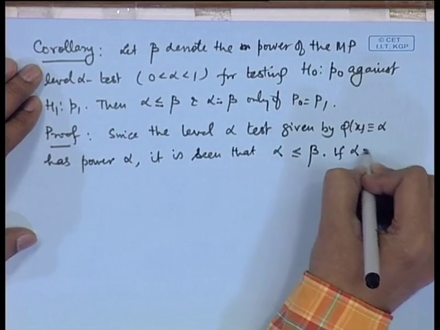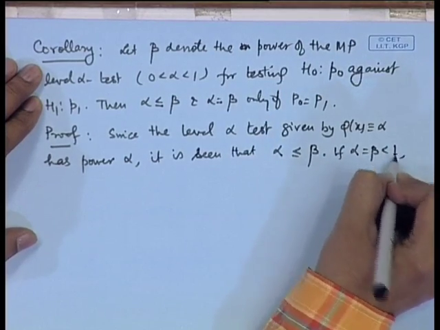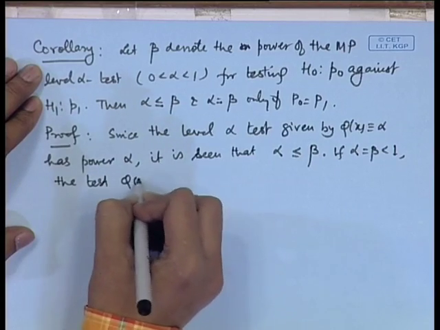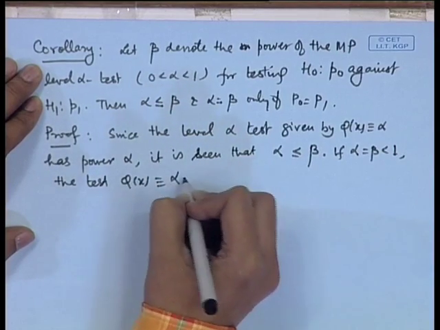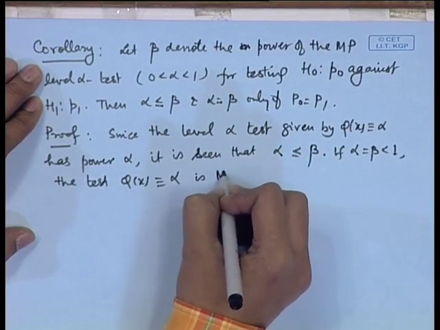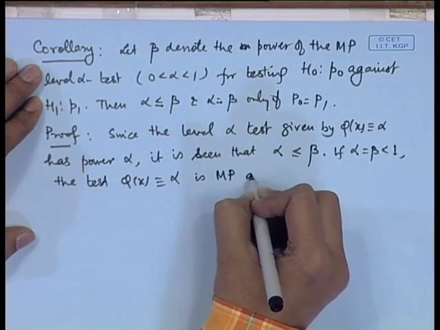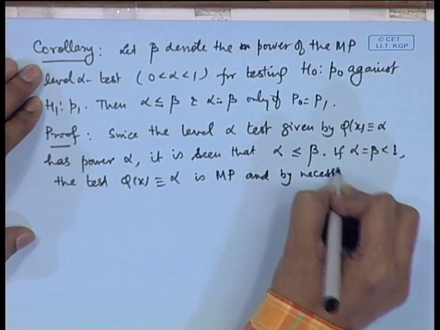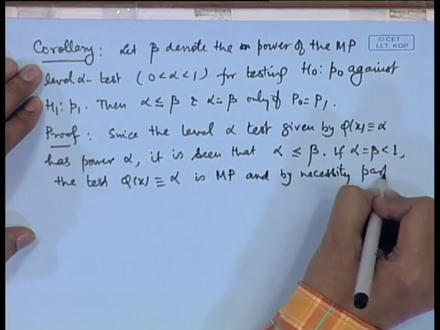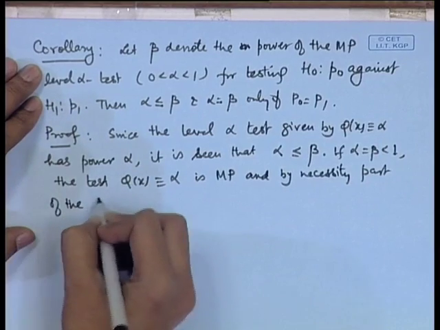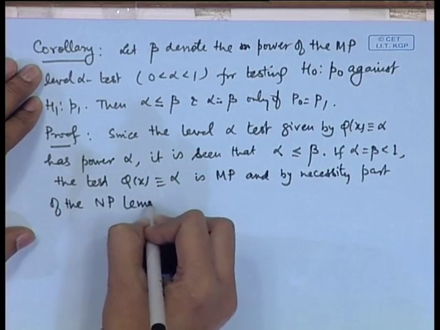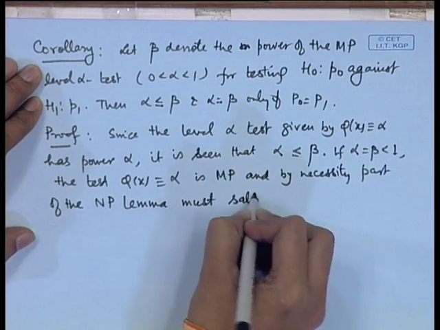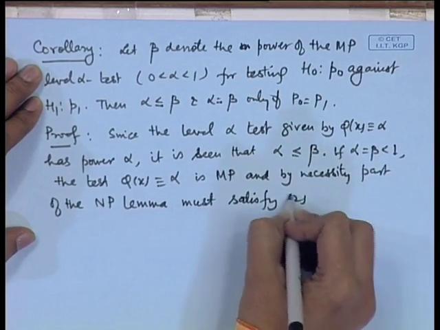If alpha is equal to beta is less than 1, the test phi x is equal to alpha everywhere is MP, and by necessity part of the NP lemma, it must satisfy 2.